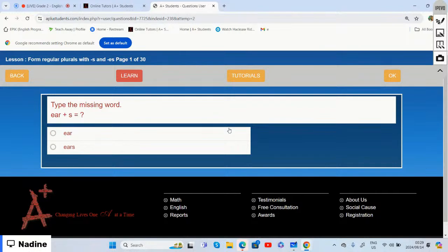Ear plus S. Remember, we are adding an S. So ear plus S. It's like I have one ear, but I have two what?